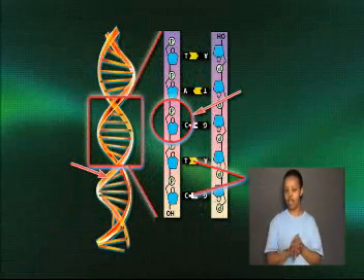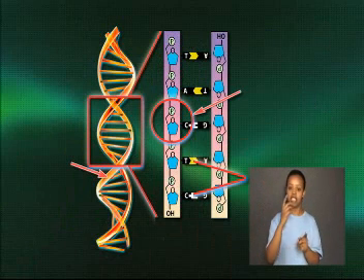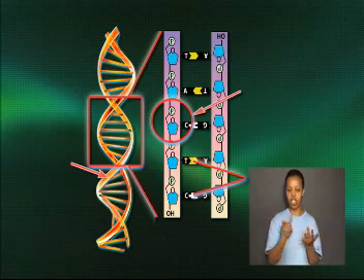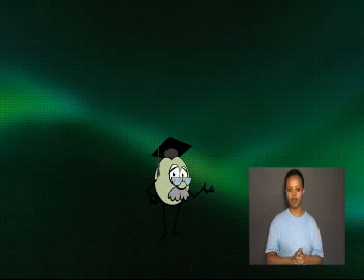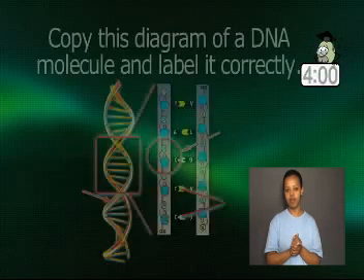We have time for one last activity, students. Here is a diagram of the basic structure of DNA. Please make a working copy of the diagram. Then, use what you have learned in this unit to label each element correctly. Do your best, and I will see you in a few minutes. Students, let's get ready. Begin.